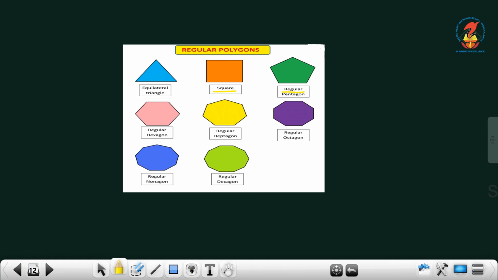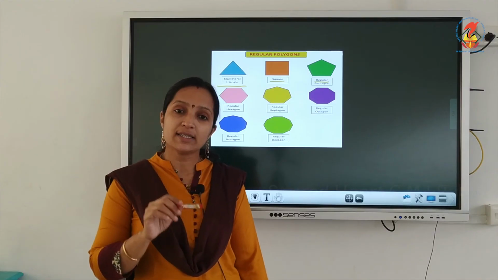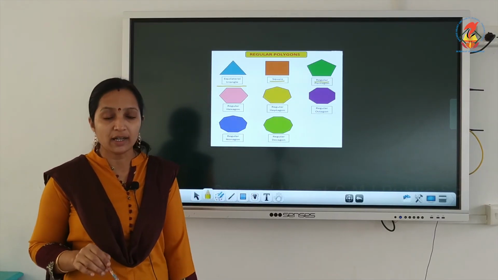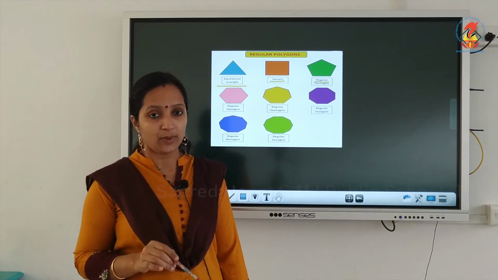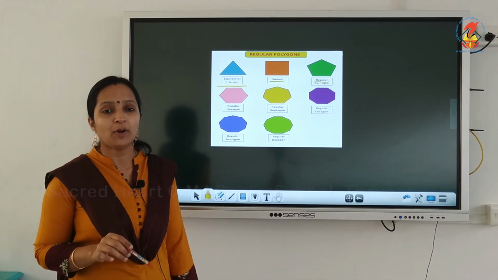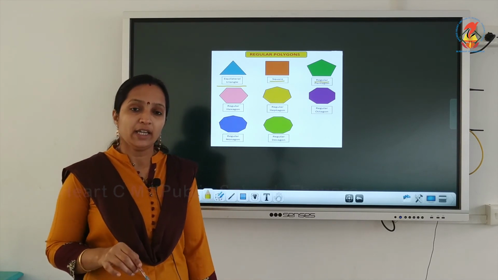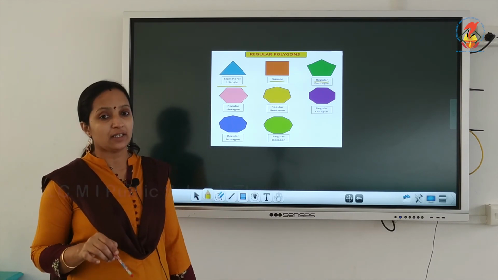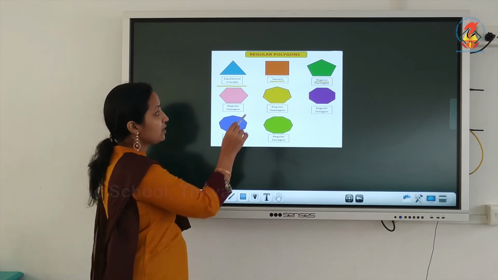If all the sides are equal in a 3-sided polygon, what is the name? Equilateral triangle, okay? A 3-sided polygon is known as triangle. If all the 3 sides are equal in measure, we can call it an equilateral triangle. A 4-sided polygon is known as quadrilateral. If all the 4 sides and angles are equal in measure, we can say it is a square.